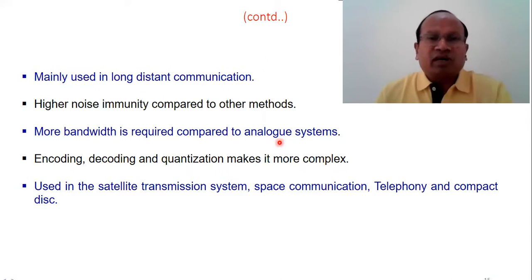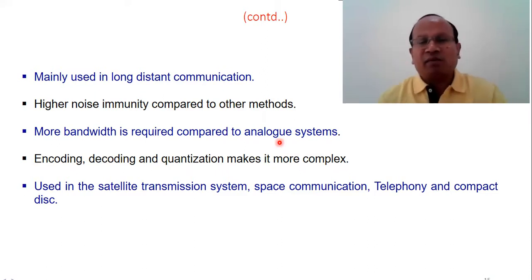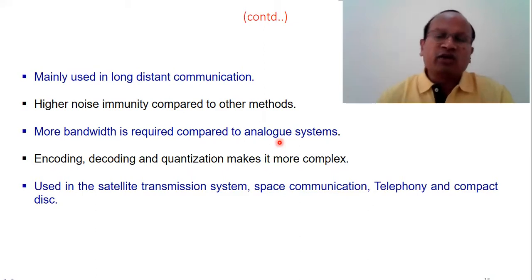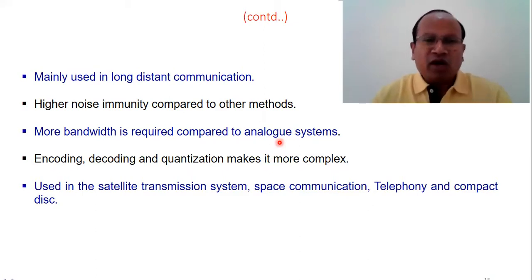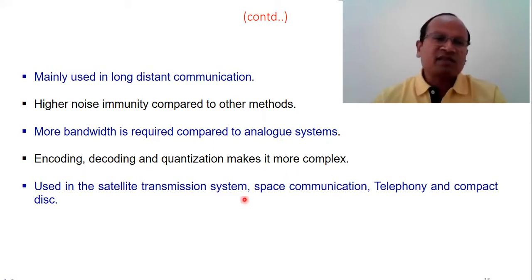You have a number of processes: you choose a range, then apply sampling, then quantize it, then encode it. So there is a huge bandwidth requirement. Encoding, decoding, and quantization make it more complex. It is used in satellite transmission systems, space communication systems, telephony, and CD, that is compact disc.